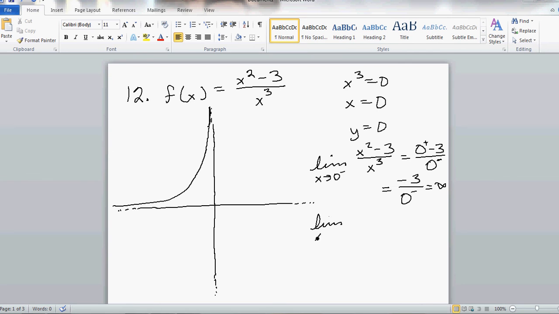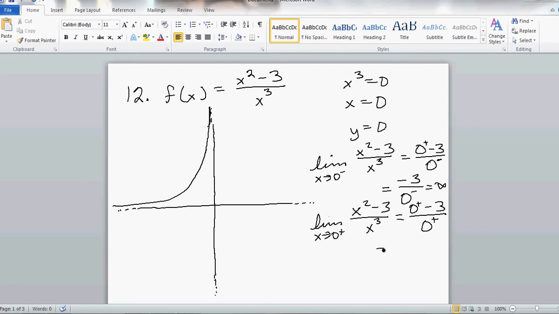Test the limit as x approaches 0 from the right of x squared minus 3 over x cubed. Well, here it's slightly different. Squaring it is still going to be really close to 0 on the positive side, subtracting 3. But here, 0 positive is going to be really close to 0, but on the positive side.